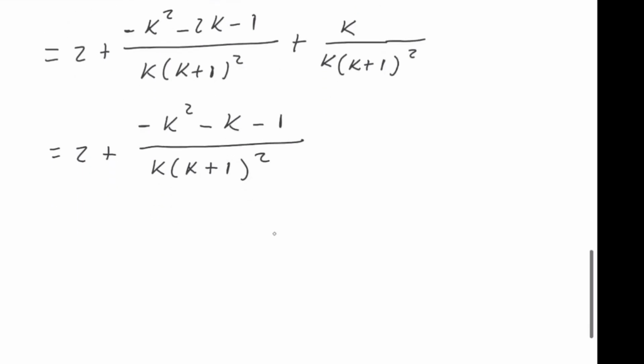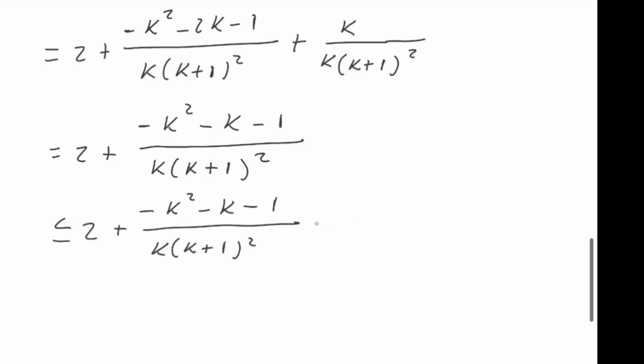Okay, so I want to factor out a k, so I need to get rid of this negative 1 here. Well, I know this will be less than or equal to, actually strictly less than, but I'm going to keep the less than or equal to, 2 plus negative k squared minus k minus 1 over k times k plus 1 squared plus 1 over k times k plus 1 squared.